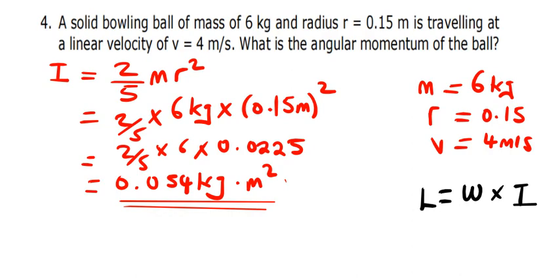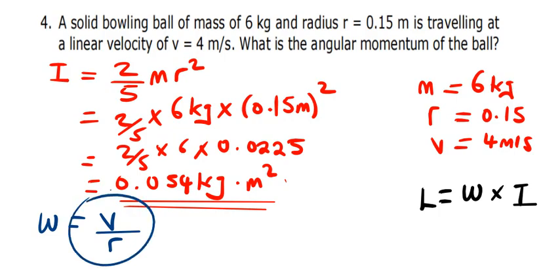What about our angular velocity? We said our angular velocity, in this case, is v over r, because it is rolling without slipping, a rolling ball.